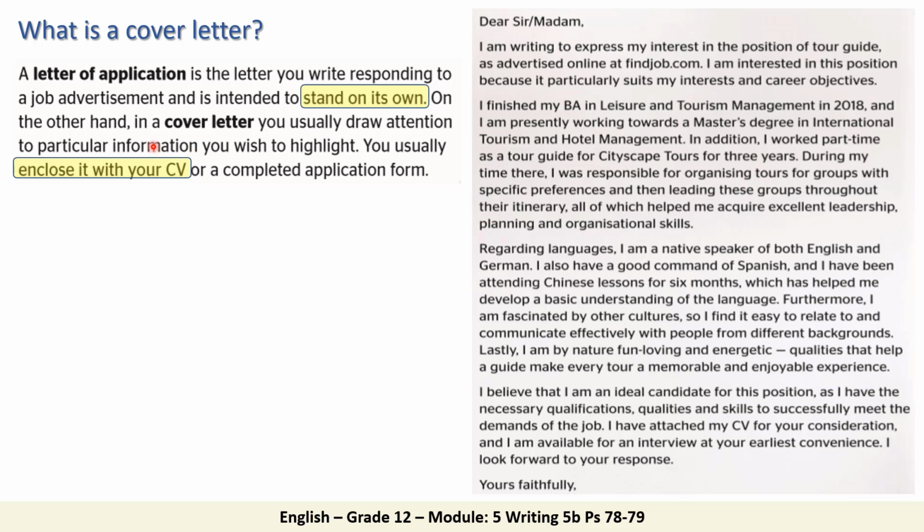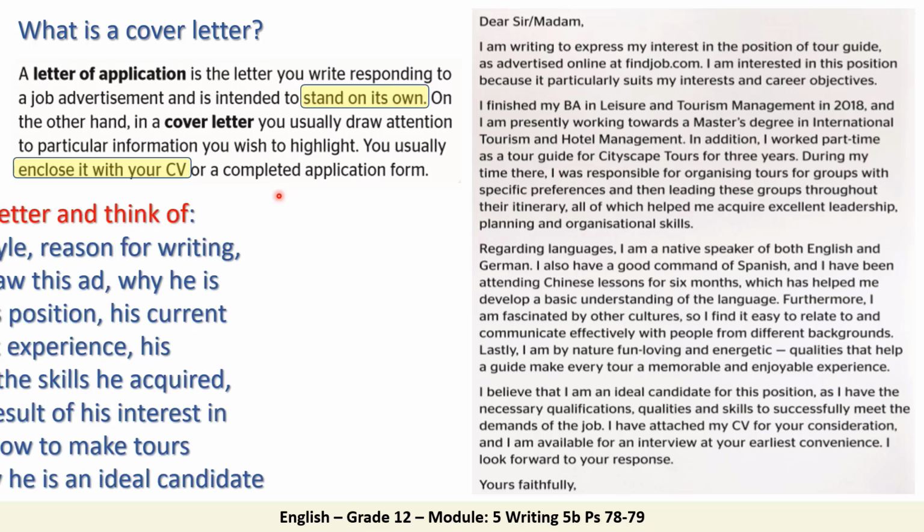On the other hand, in a cover letter, you usually draw attention to particular information you wish to highlight and usually enclose it with your CV. So the letter of application can stand alone, whereas a cover letter is enclosed with a CV or a completed application form.